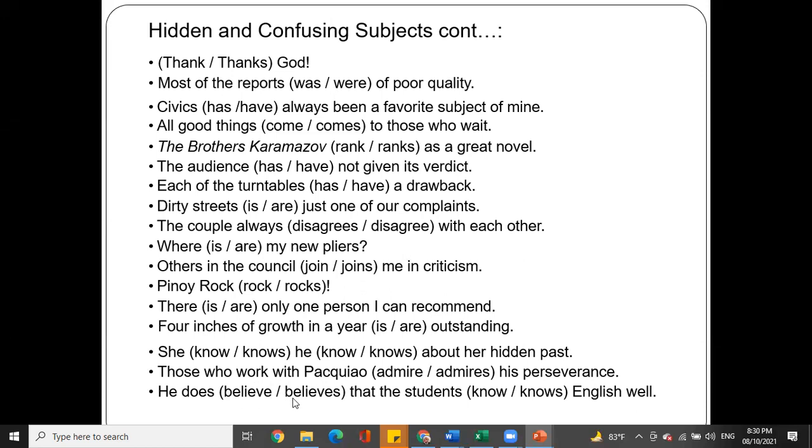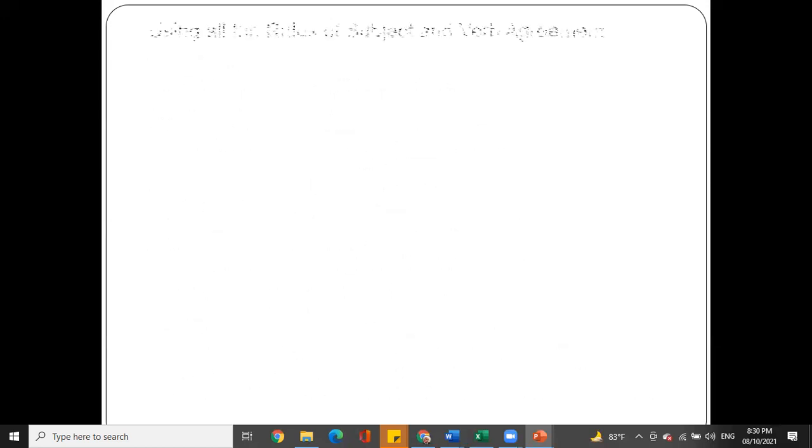He does believe that the students know English well. It should be believe. So he believes, but he has already been married to does. So any succeeding verb, you can always bring to the base form. He does believe that the students know English well. So he does believe.